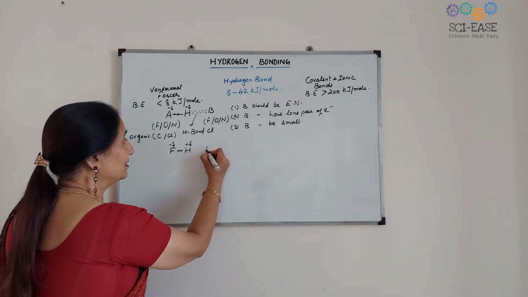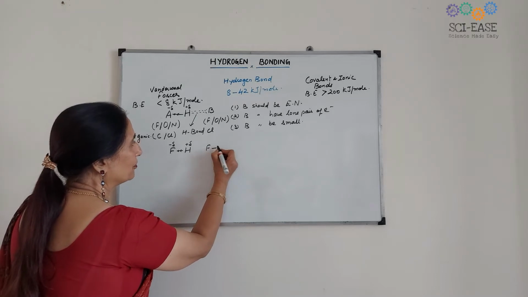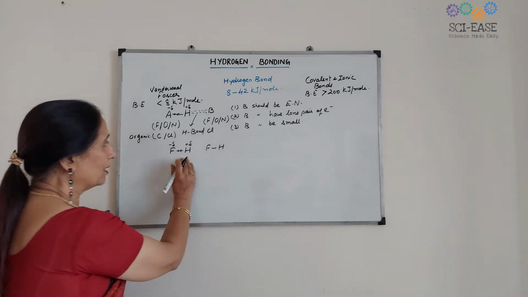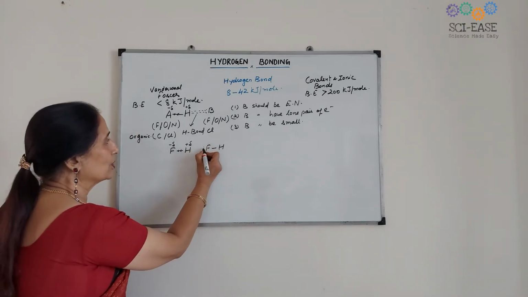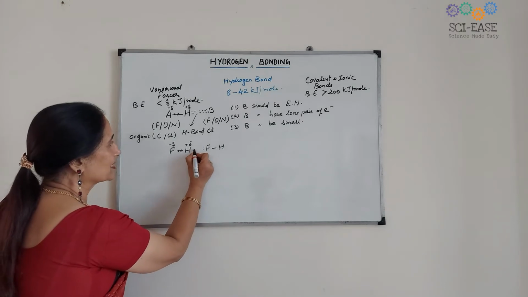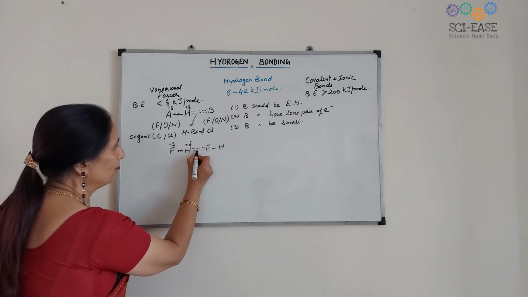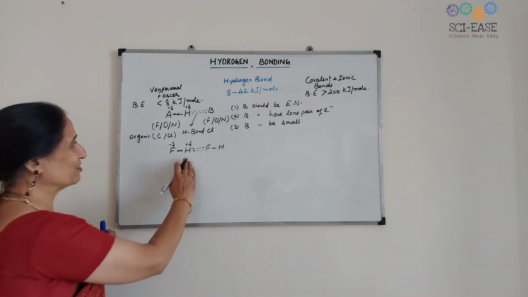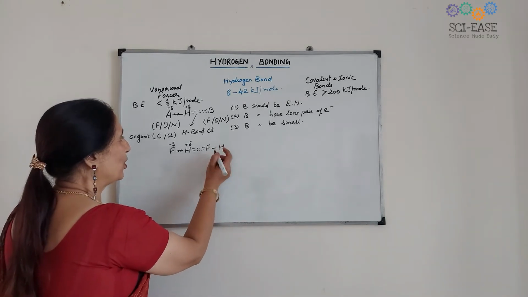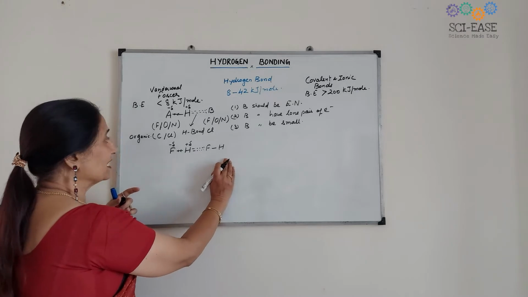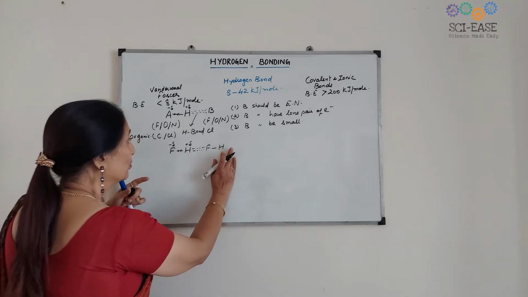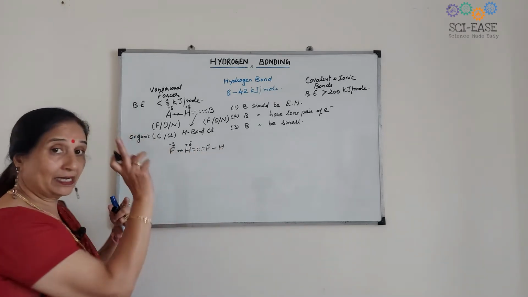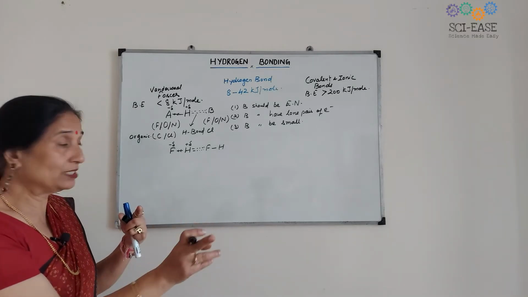So, another molecule of HF will come closer to it with its lone pair, and this will result in the formation of the hydrogen bond. So, you will see that within the HF molecule, this bond is covalent. This should be clear to all of you.